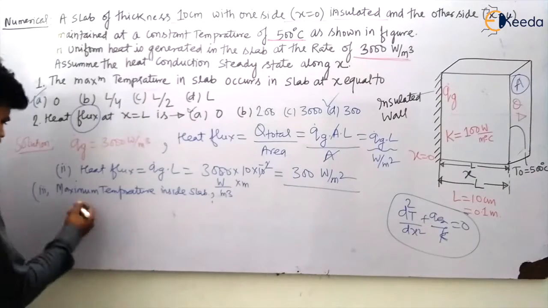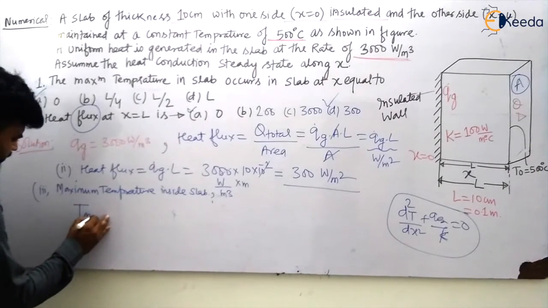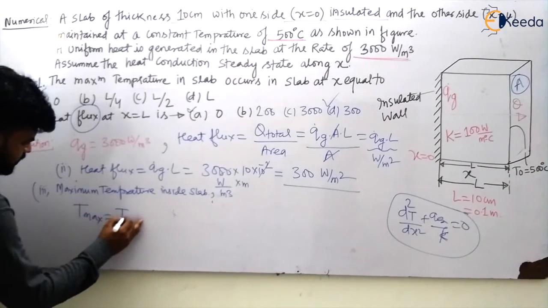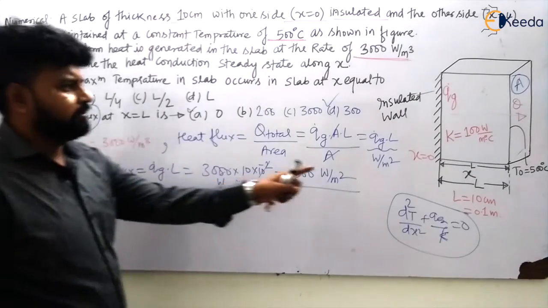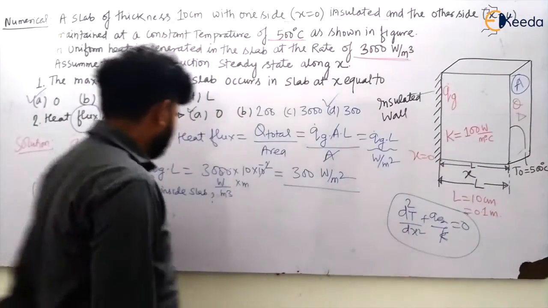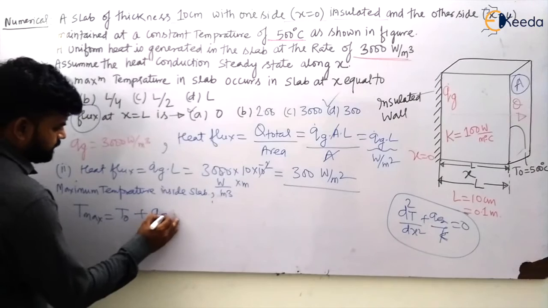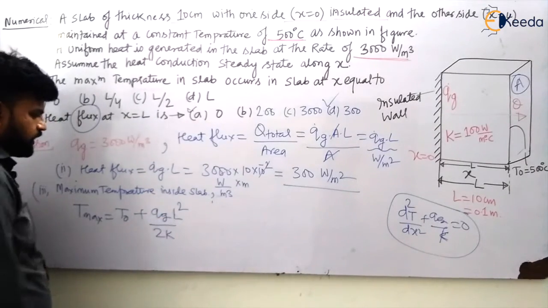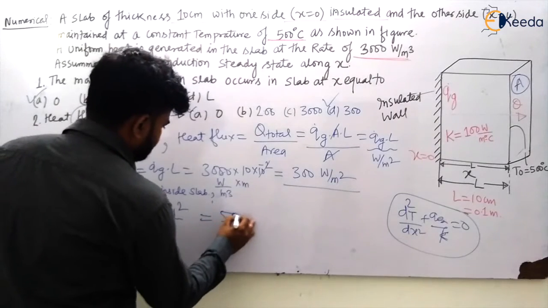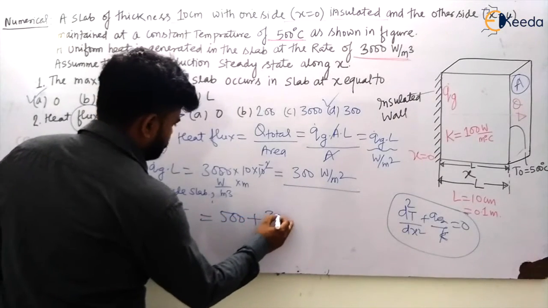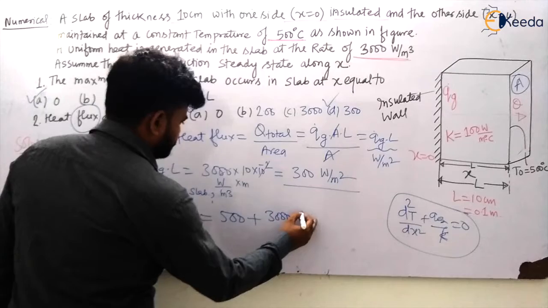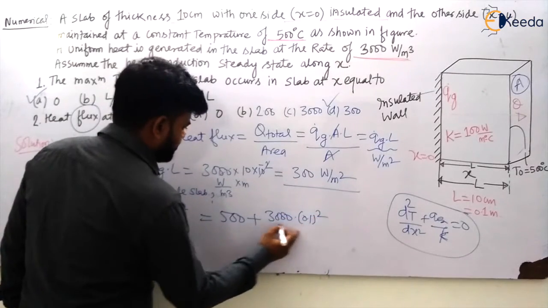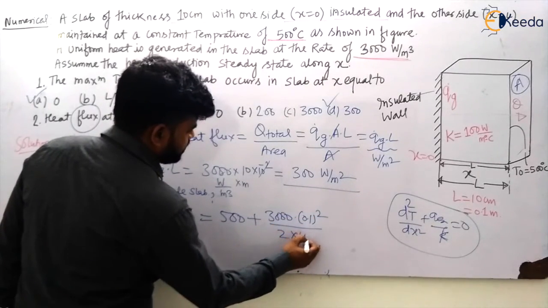After integrating this equation, you can easily calculate the maximum temperature. The maximum temperature in this case is given by T maximum equals T naught, the surface temperature, plus Qg by 2k times L square. What is the T naught value? 500, my dear students. Plus Qg, which is 3000, multiplied by L square, that is 0.1 square, divided by 2k, which is given to be 100.